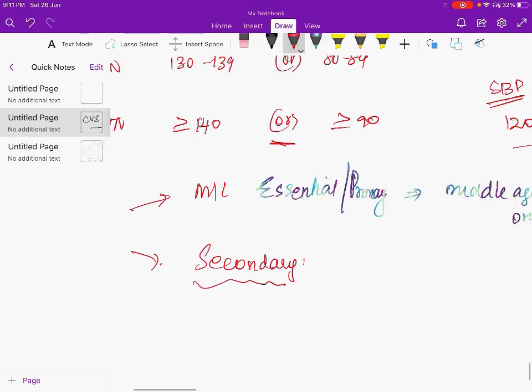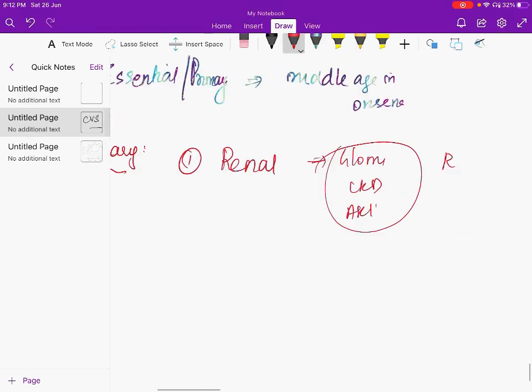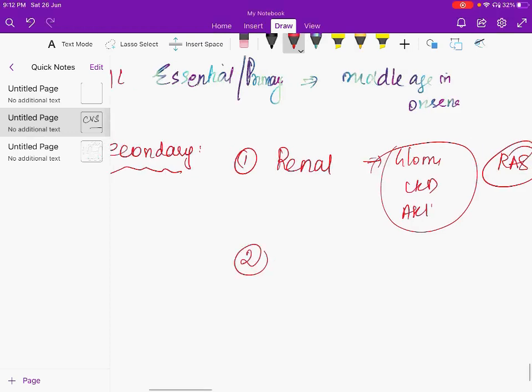Your renal causes, like glomerulonephritis, CKD, AKI, acute kidney injury, all this has to be ruled out. Renal artery stenosis also has to be ruled out. Next, endocrine. Name some endocrine causes of hypertension. Yeah, good.